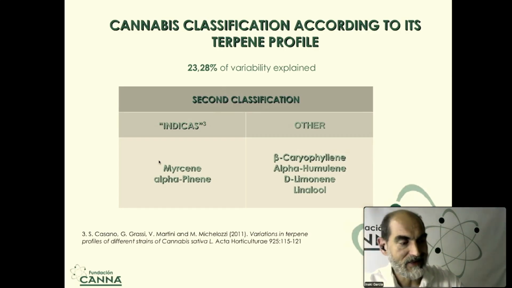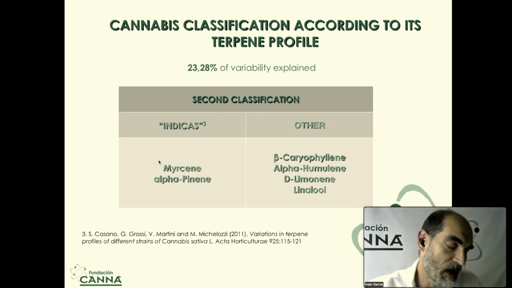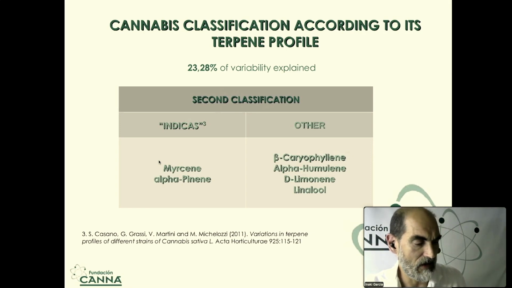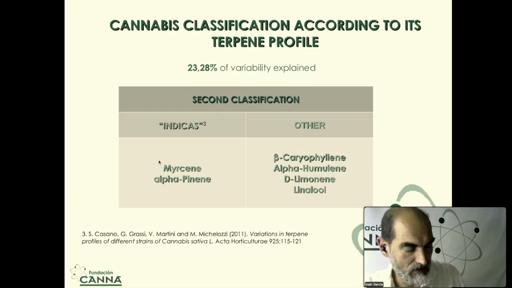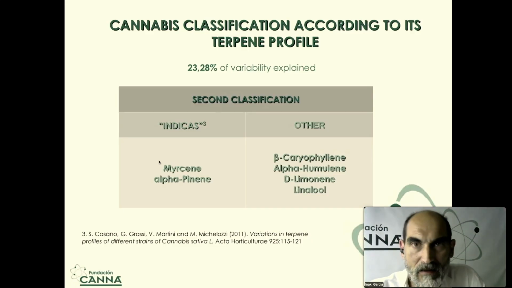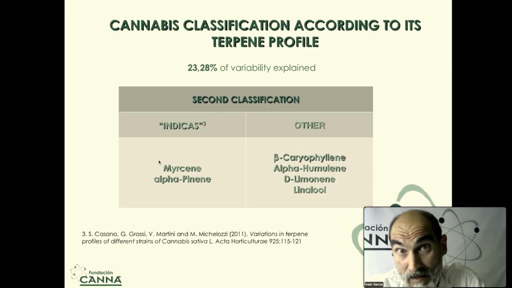What they found is that not all people, but most of the people, said that the odor, the aroma, reminds them of an indica plant. They found that these plants have myrcene as the highest level, and the second one was alpha-pinene.